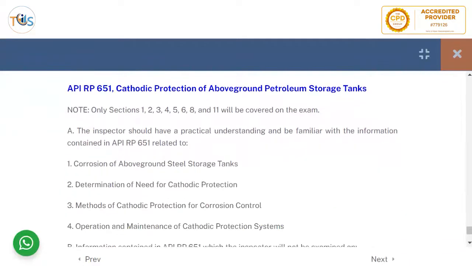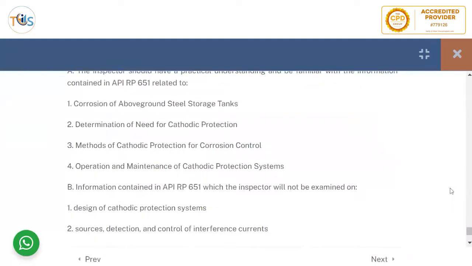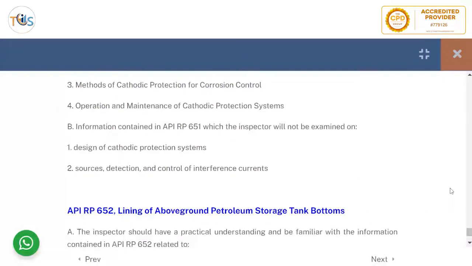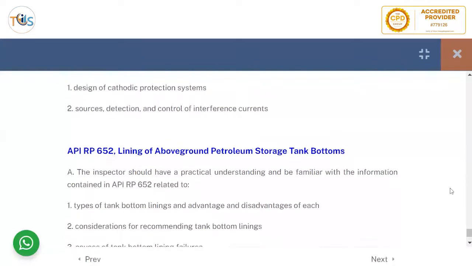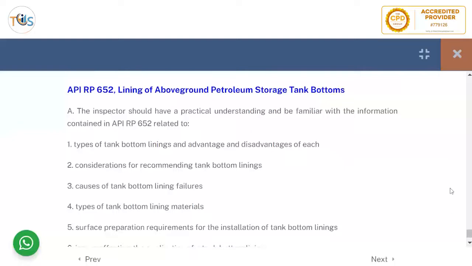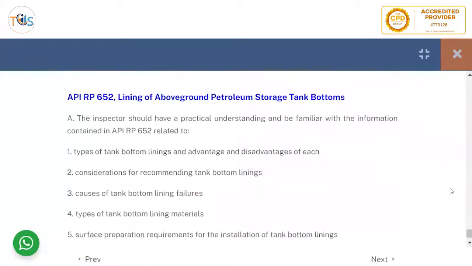And then lastly, cathodic protection 651: how cathodic protection works, how the corrosion of tanks happens, and methods of cathodic protection, whether it's sacrificial anode or impressed current, and design of the cathodic protection system, and sources, detection and control of interference currents.